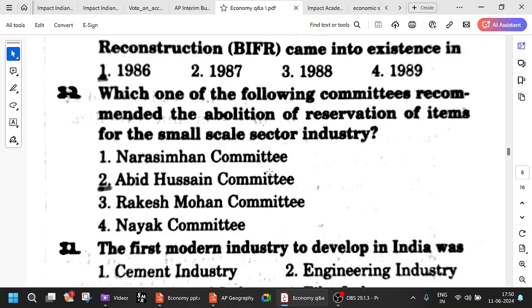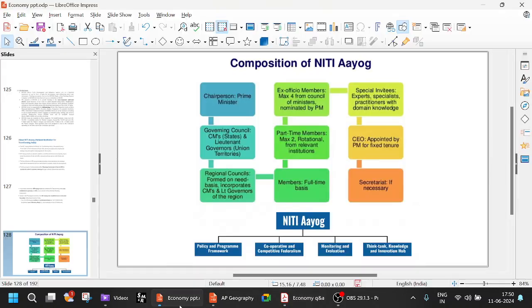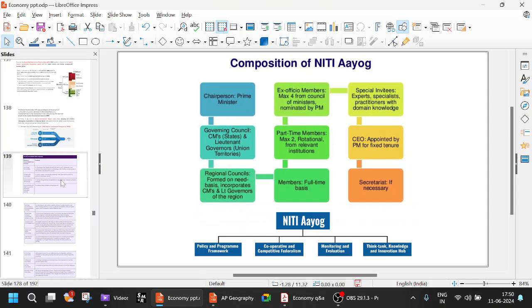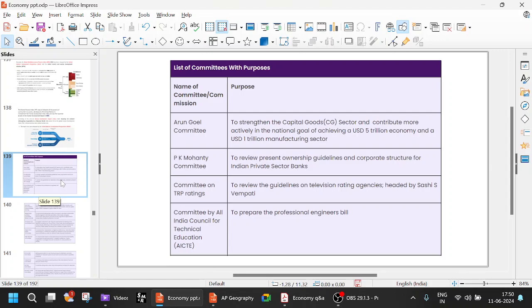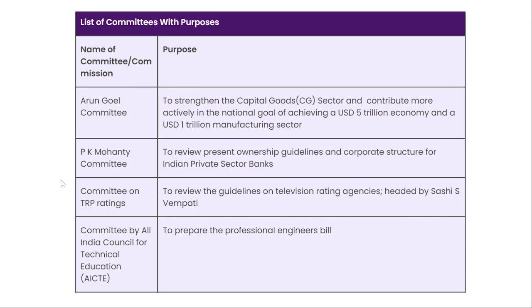Which one of the following committees recommended the abolition of reservation of items for the small scale sector? All these committees are very important.